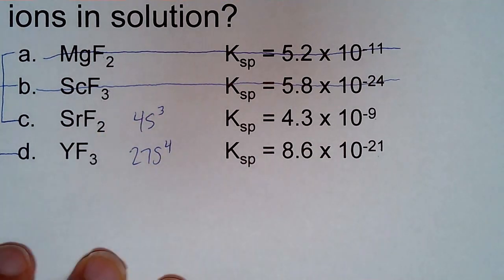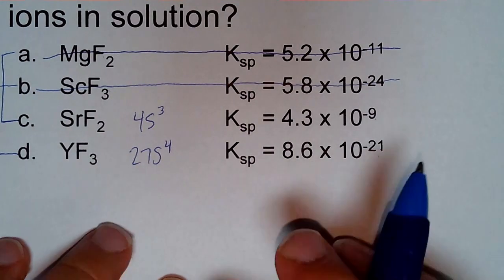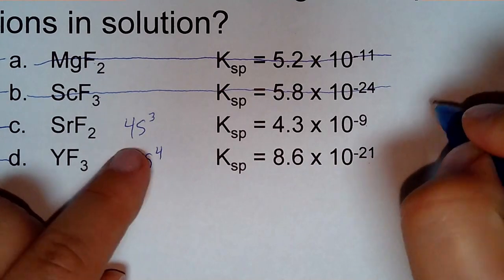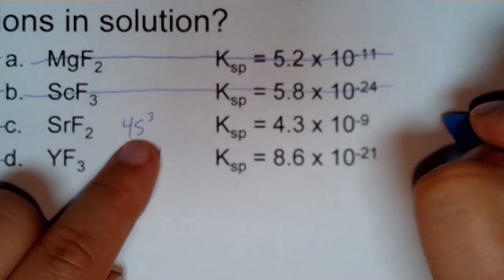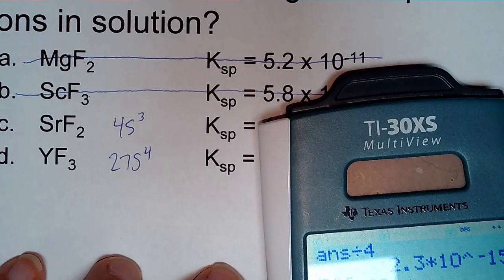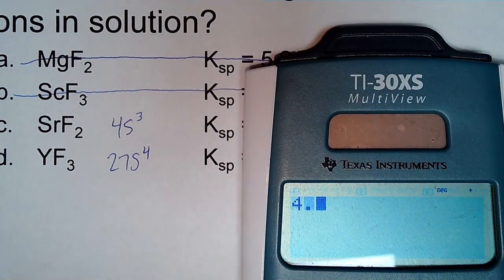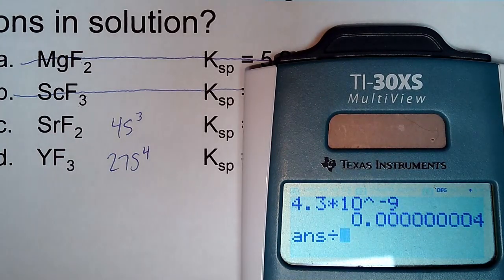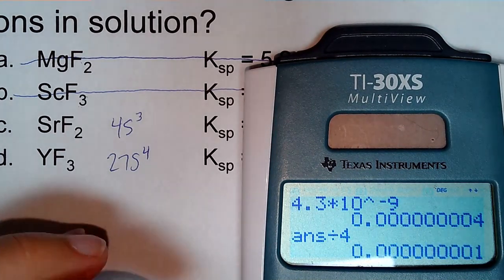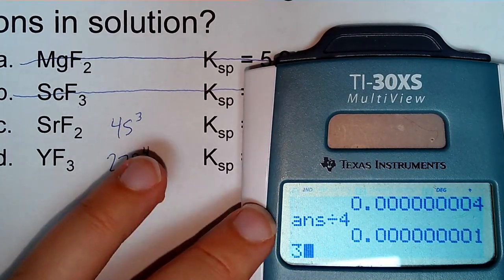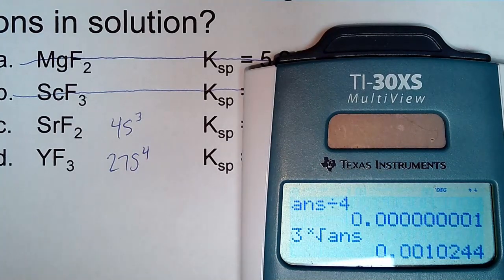Alright, so if this one is a 4s cubed, then we can solve for s. 4.3 times 10 to the minus 9. We're going to divide by 4 and do the cube root. Alright, so our s is 0.00102.